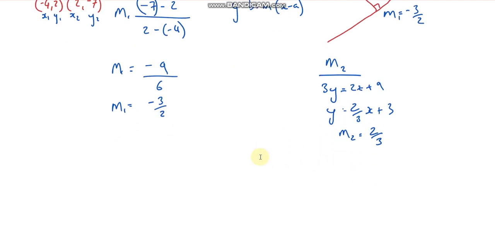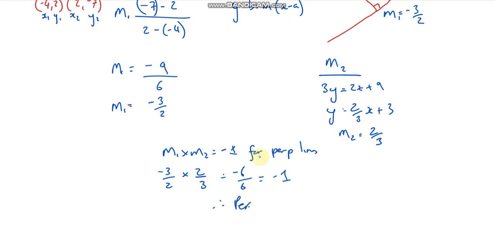And then I'd look and say, well, the statement we would use is m1 times m2 is equal to -1 for perpendicular lines. Yeah, so if I've got -3 over 2 multiplied by 2 over 3, I've got -6 over 6, which is equal to -1. So therefore, they are perpendicular to each other.